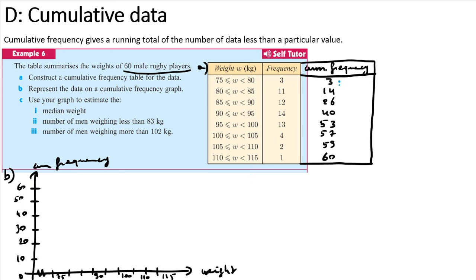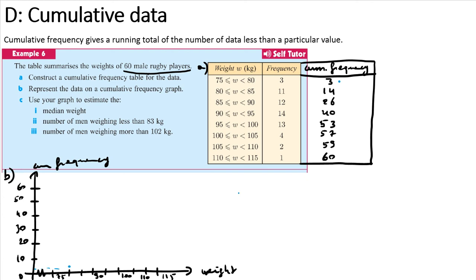So what we see is, here we say that we have 3 rugby players who have a weight less than 80. So until 80 here, we have 3, and 3 is somewhere here.